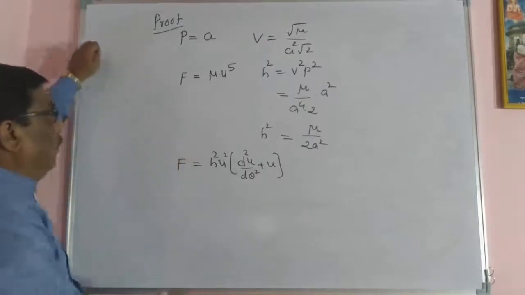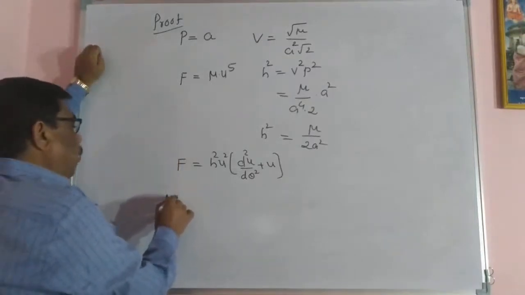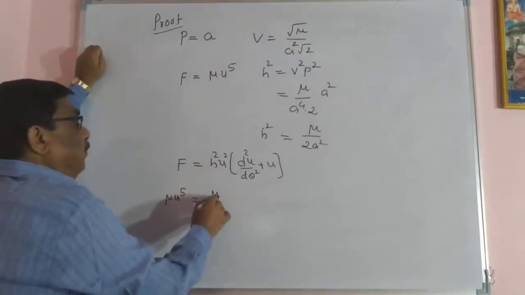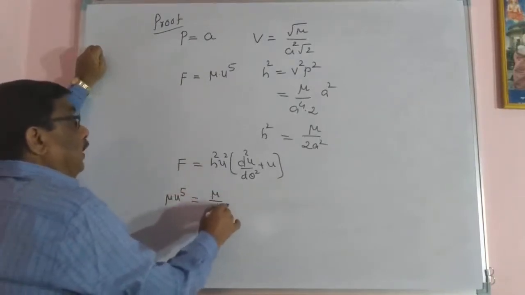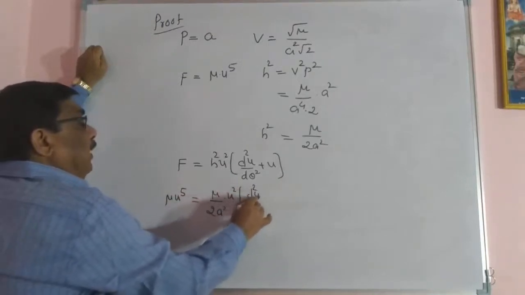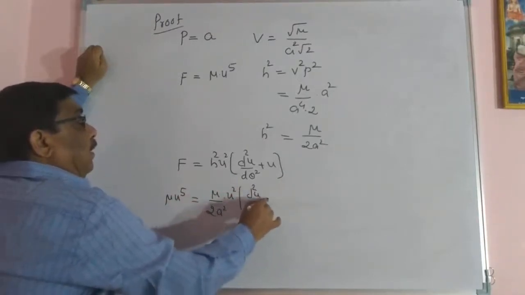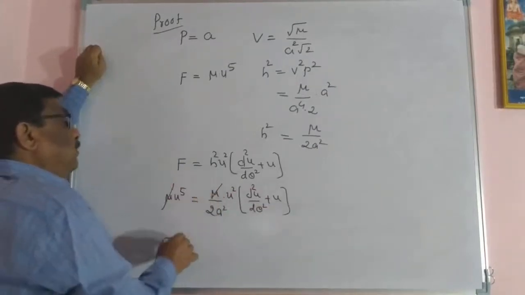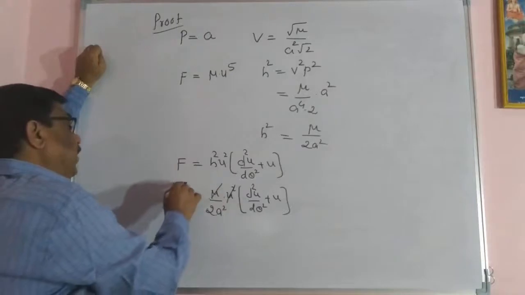Substitute the F value: mu u raised to 5 equal to h square, mu divided by 2a square, into u square into d square u by d theta square plus u. Simplify wherever possible. Mu gets cancelled, u square cancels giving out u cube.